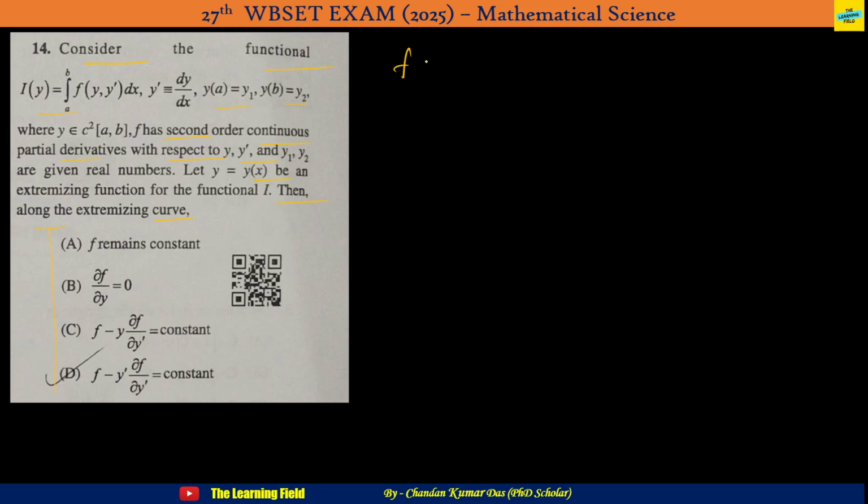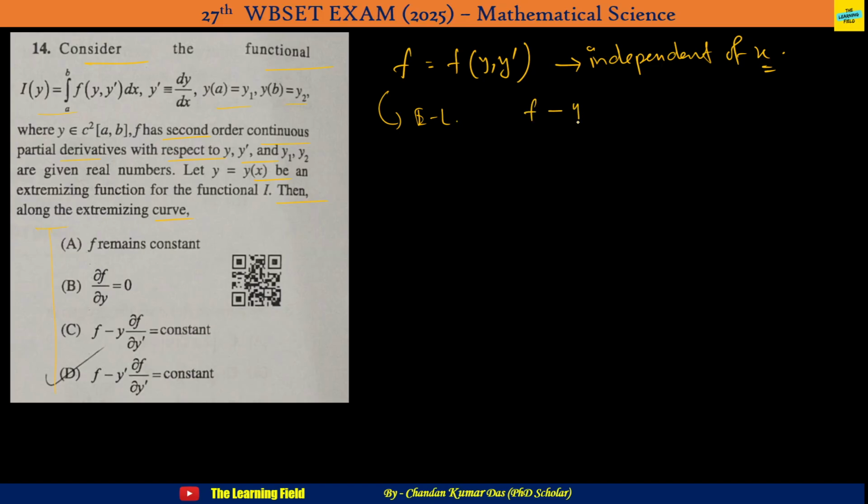Given that f is a function of y and y dash only, independent of x, we can directly write the Euler-Lagrange equation as f minus y dash ∂f/∂y dash is equal to constant. Option D is correct.